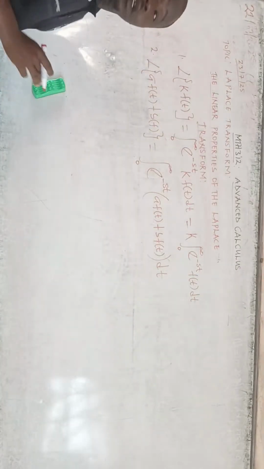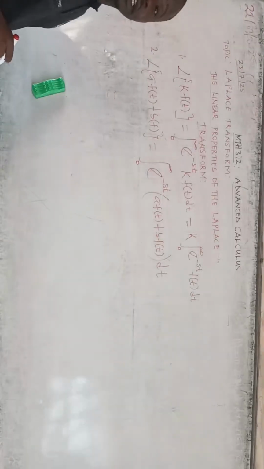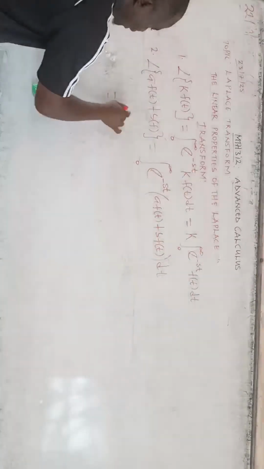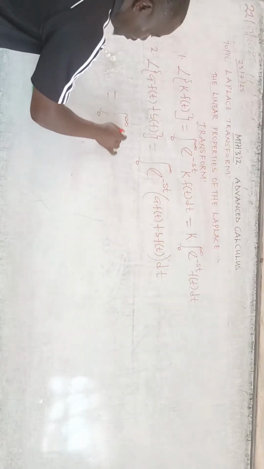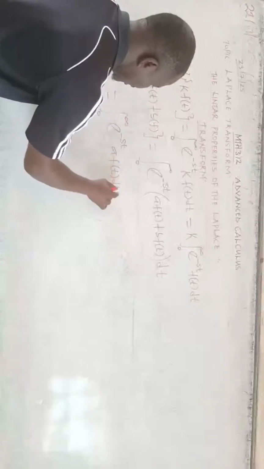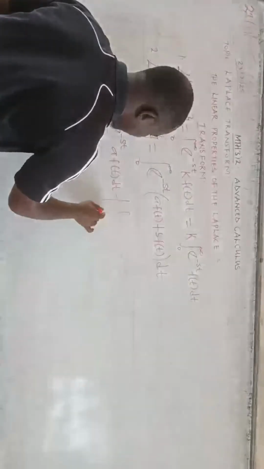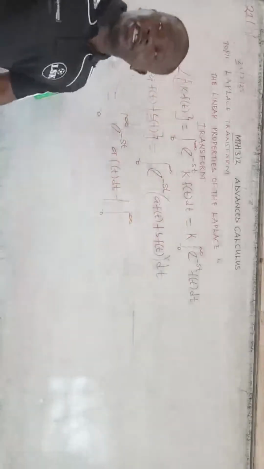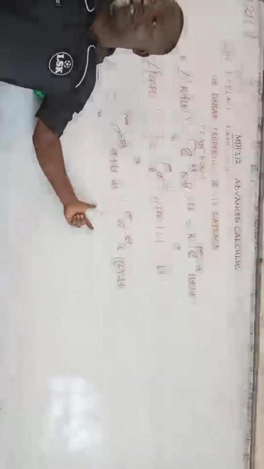Then this is the same as integral 0 to infinity exponential minus st a f of t dt, plus integral 0 to infinity exponential minus st b g of t dt. We want to look at the linearity of this.